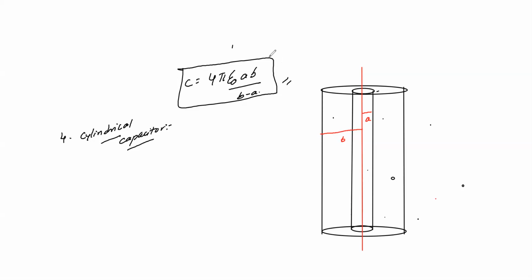On the outer cylinder, I'll take positive charges, and on the inner cylinder, negative charges. So the negative charges are around the inner, and the positive charges are around the outer.